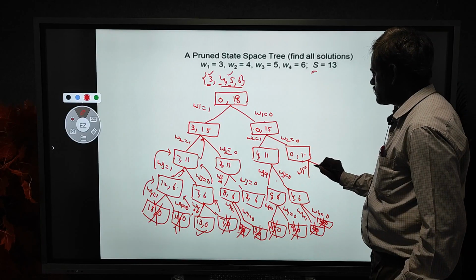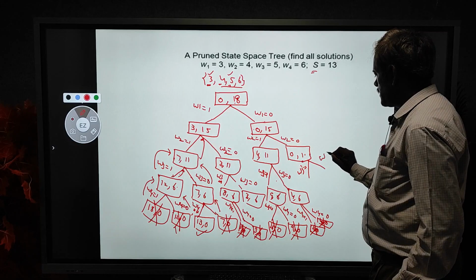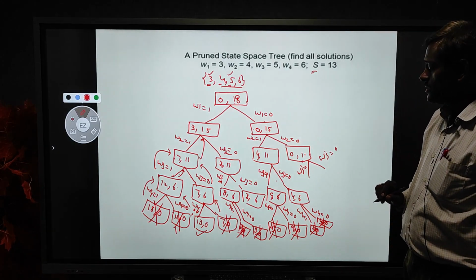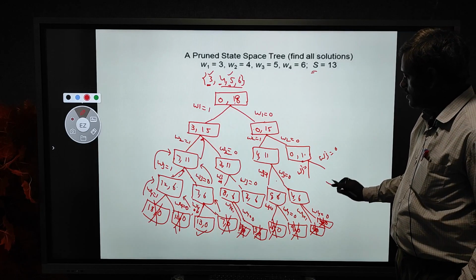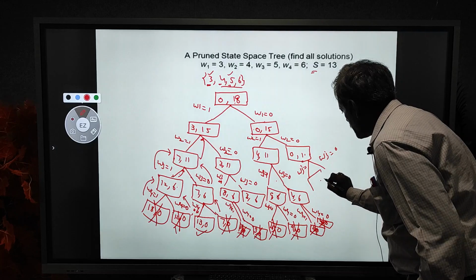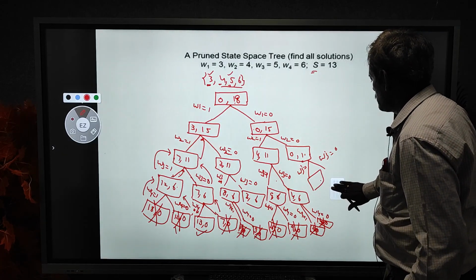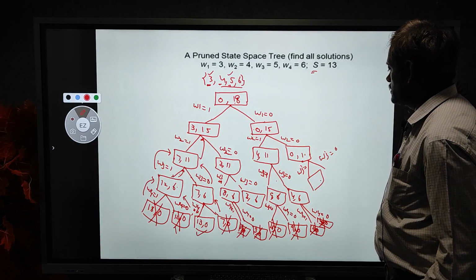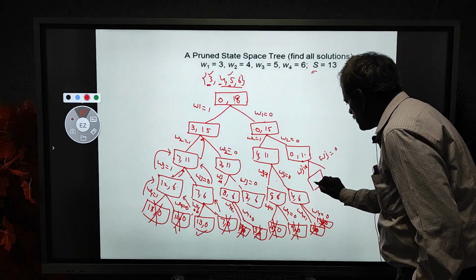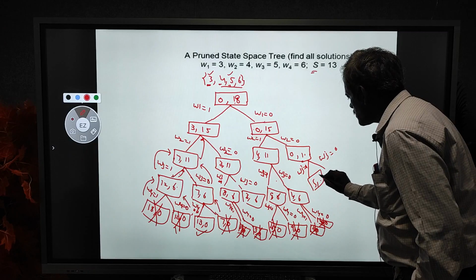Similarly, W3 is equal to 1, W3 is equal to 0. Okay, so in this direction also we have to check out, is W3 equal to 1. So here you are having 0, 0 plus 5 is going to be 5, what remained is going to be 6.